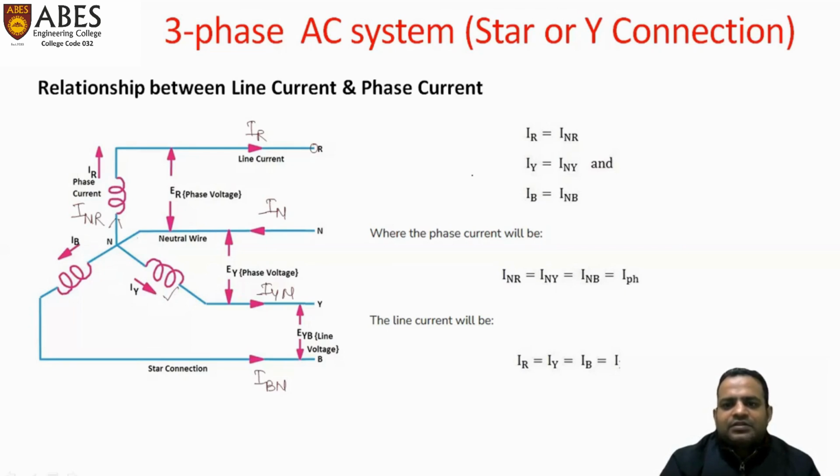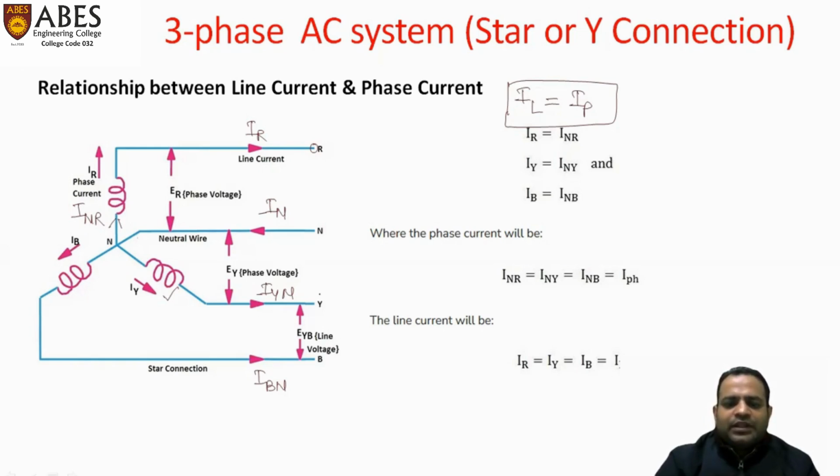The currents INR, INY, and INB are called phase currents, and the currents which are reaching the lines R, Y, B are called line currents. So here in star connection, our line current is equal to phase current.